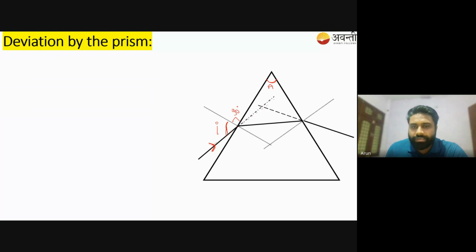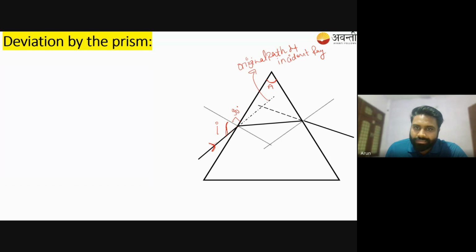I have made this path for your clarification. So this is the original path of the incident ray.